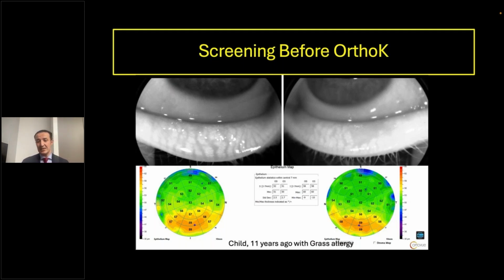This hyperplasia is completely proportional to the severity of the meibomian gland dysfunction. And it's very important to analyze the epithelium before ortho-K to be sure to have the best keratometry before beginning the treatment of this young patient.